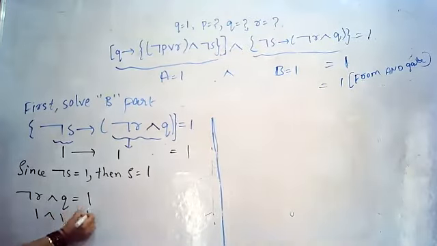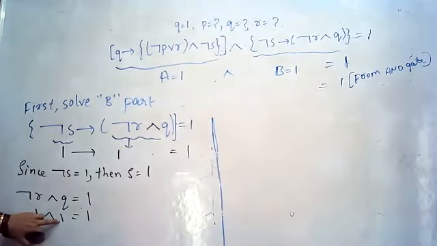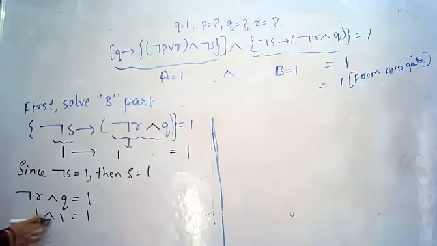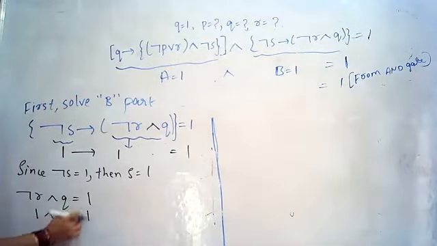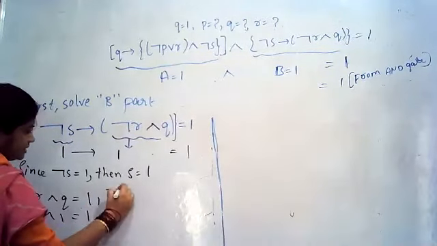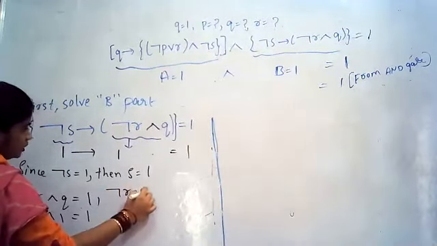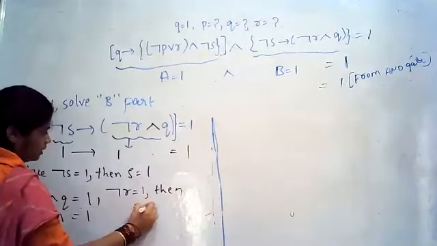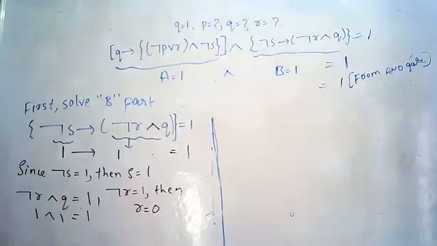When both are 1 and 1. Q is 1, from the question they have given Q is 1. When both are 1 and 1, then only I'll get the result as 1. So since negation R is equal to 1, then R is equal to 0, because it is negation.